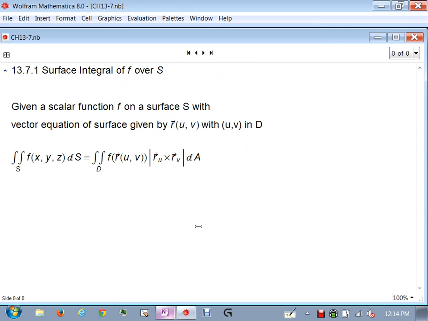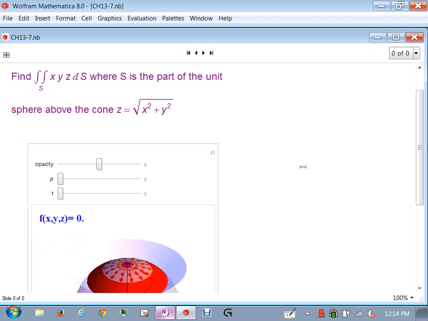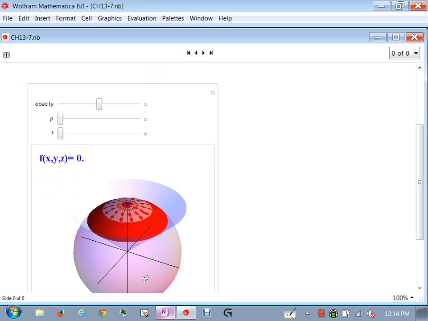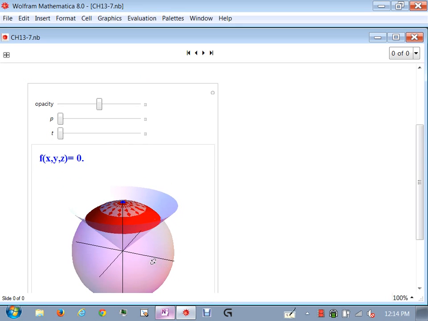So let's try and figure out what the next thing is here. This is an example. Find the surface integral of x, y, z. That's the function I was just talking about, where S is the part of the unit sphere above the cone, z equals the square root of x squared plus y squared. So just like I said, you have, sitting in three-dimensional space, a surface.